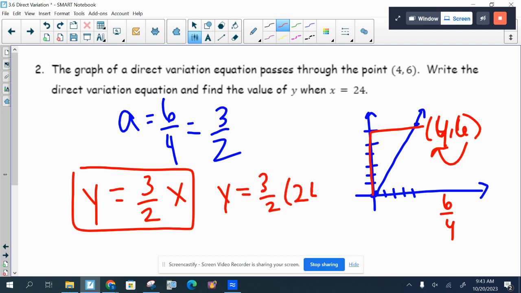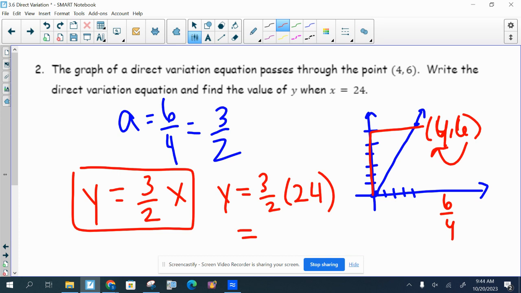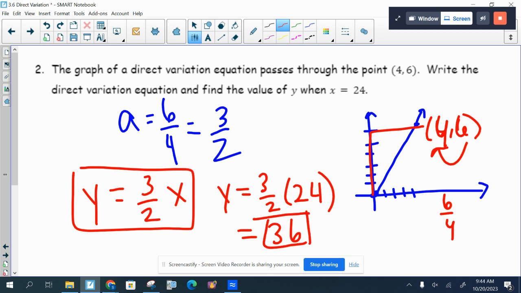So what's 3/2 of 24? Oh, you can do this without a calculator. Ethan? 36. Just add half of 24 back to 24. 12 plus 24. All right, let's do some word problems.